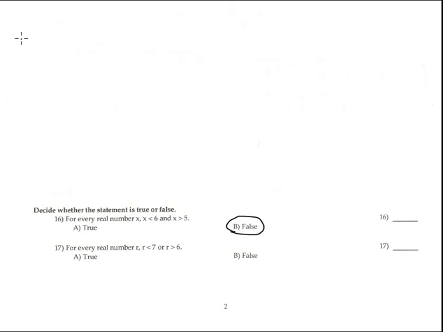Okay, 17 is similar. 17 is: for R belonging to the real numbers, all real numbers, satisfy this compound idea: R less than 7 or R greater than 6.